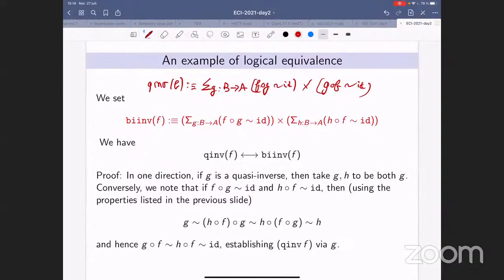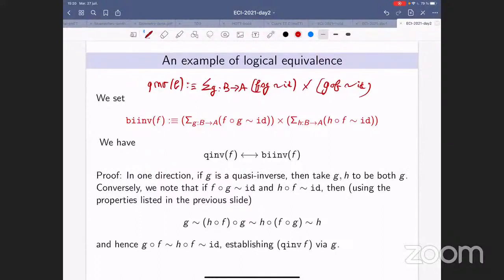That's a typical argument, and it is reproduced below. So morally speaking, these two types should be the same.